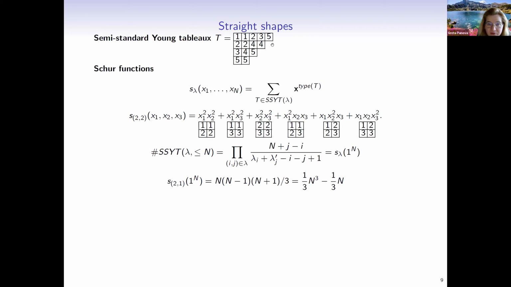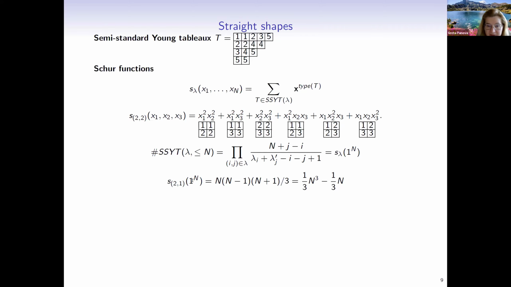If you want to enumerate the number of semi-standard Young tableaux with entries between 1 and big N, it is just an evaluation of a Schur function, called the principal specialization at 1, 1, 1 up to N. This is given by the hook content formula, this product. The partition is fixed. The variable in this case is N. So this is clearly a polynomial in N of degree little n, the number of boxes.